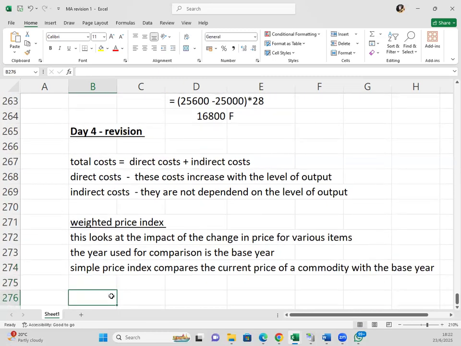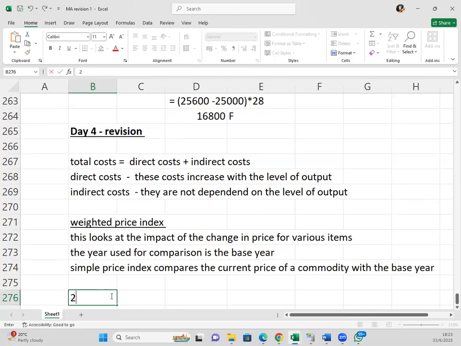Why do we need to know about the simple price index? Because when calculating the weighted price index, we are looking at the impact of the change in price on different products, but partway through you need to first calculate the simple price index.